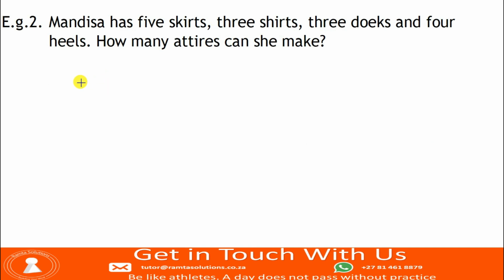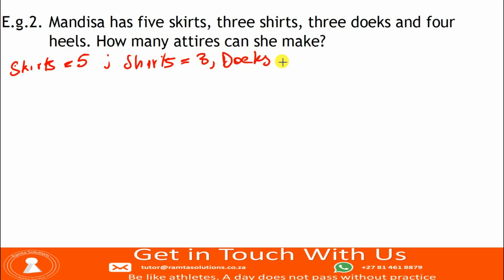Mandisa has 5 skirts. Let me just say skirts. She has 5, right? And then shirts. She has 3 shirts. Right? And jackets.